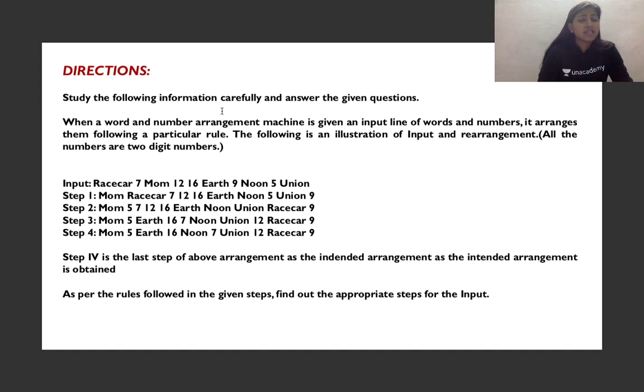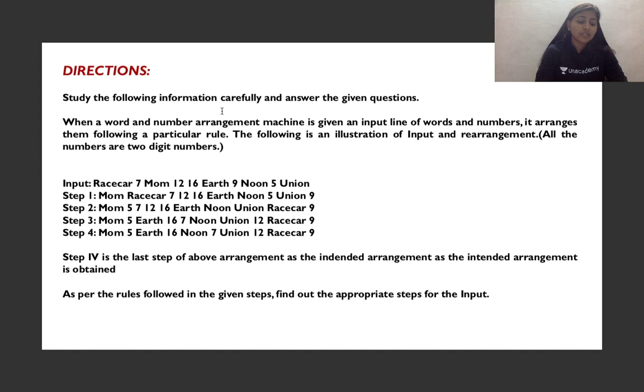I don't see any alphabetic increment or decrement. M, E, then N and then U and then R. It's not making any sense to me, right? But still you have to observe something. Even in numbers, it's 5 then 16 and then 7, 12, 9, it's neither increasing nor decreasing.